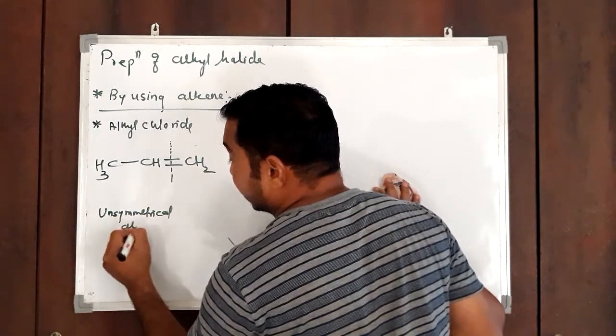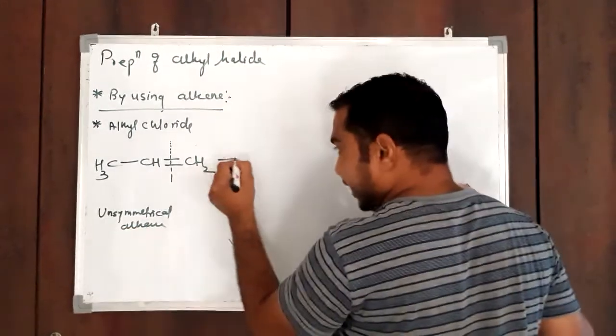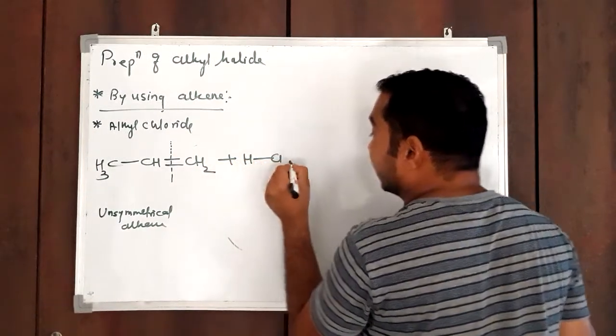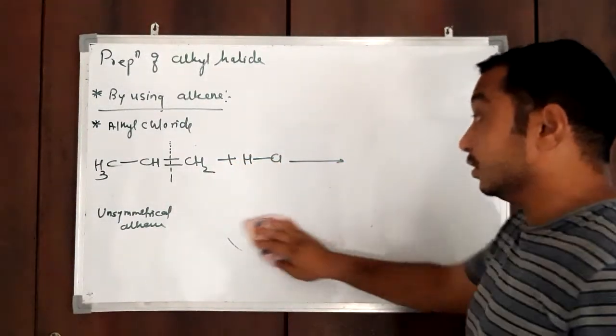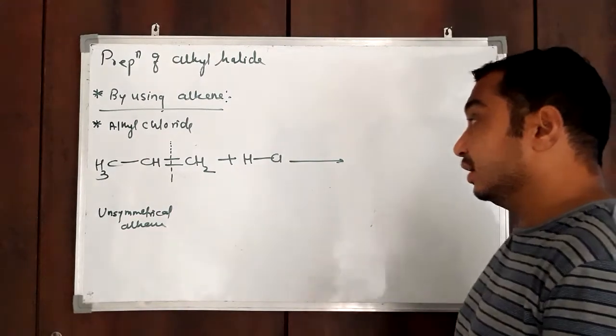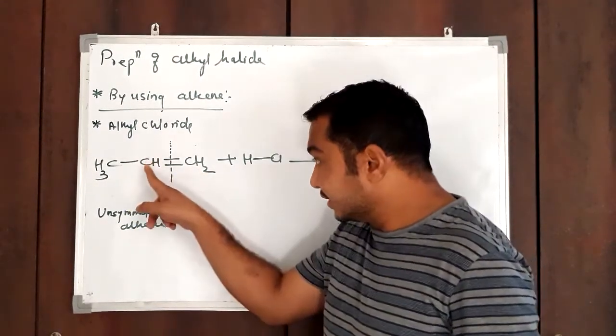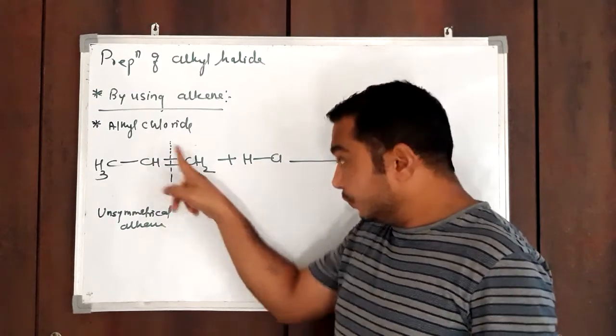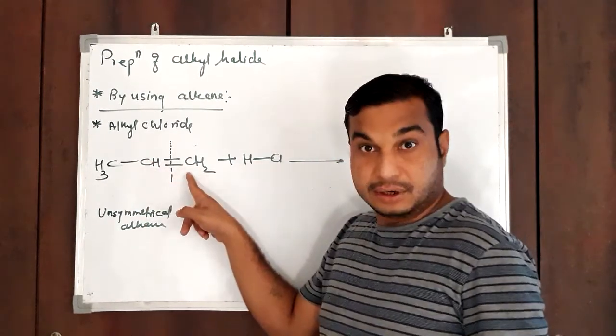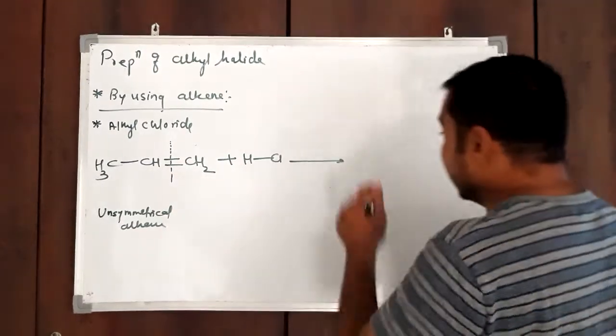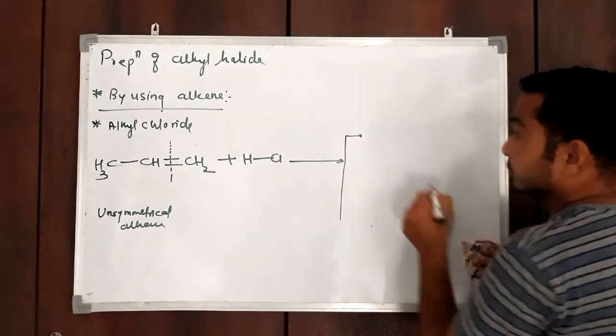In this case, if we react this with hydrogen chloride, for example, then you have two possibilities. Either we can attach hydrogen here or here. If we attach hydrogen here, then chlorine goes here. If we attach chlorine here, then hydrogen goes here. So in this case, we get two products.